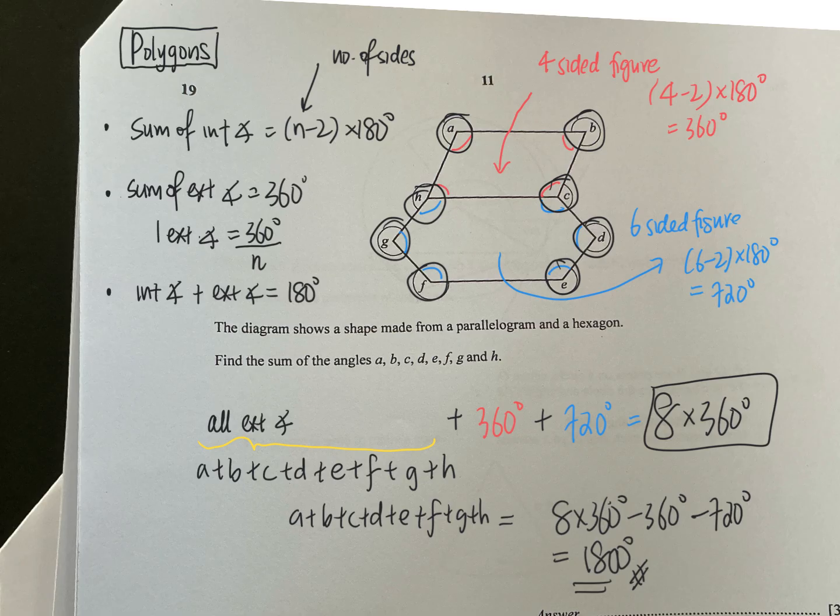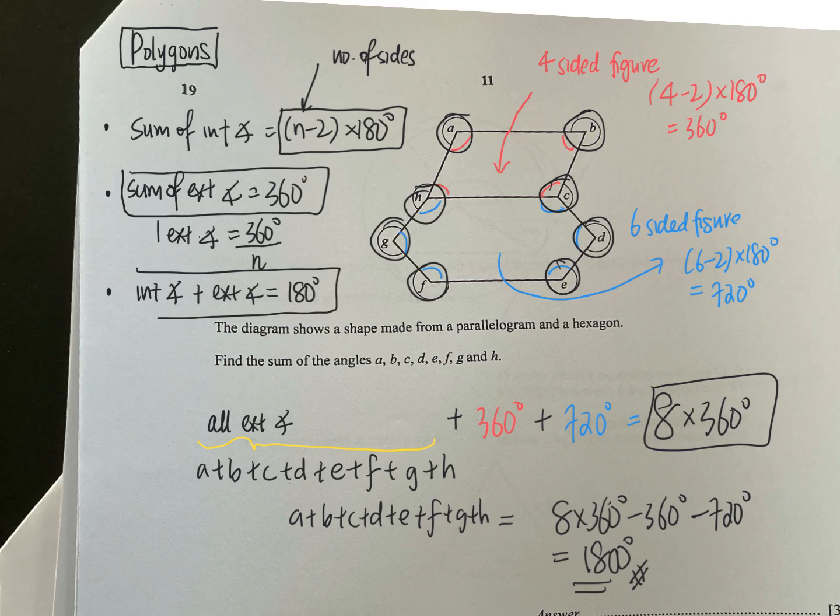Okay? So always remind yourself, no matter how disgusting the diagram looks, there must be correlation to the formulas you see here. They cannot test you anything beyond that. So don't overthink. Because you have 8 of these full circles.